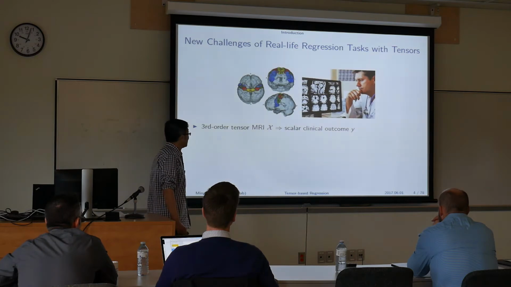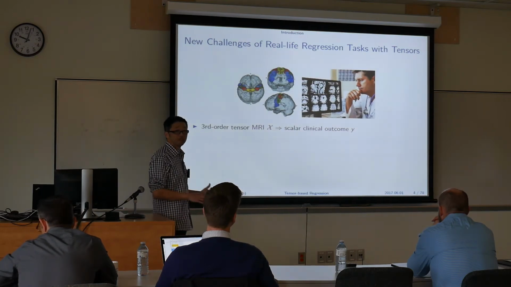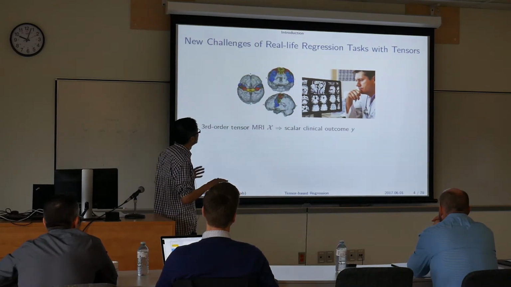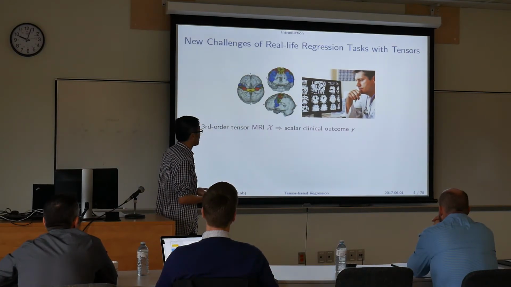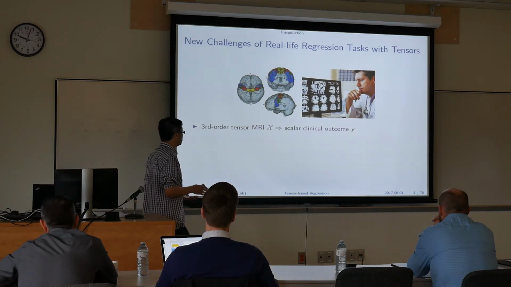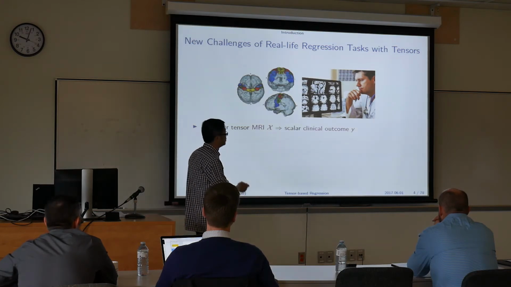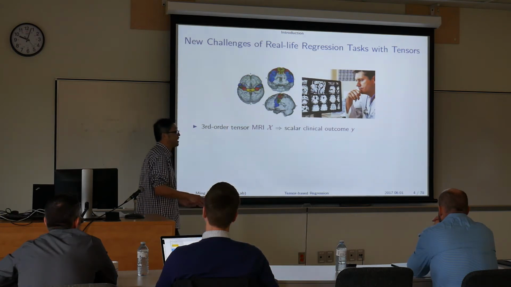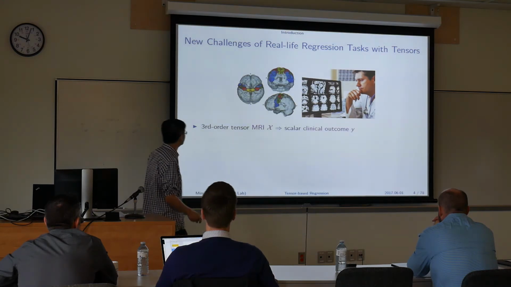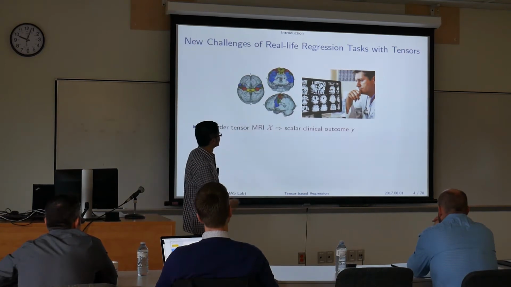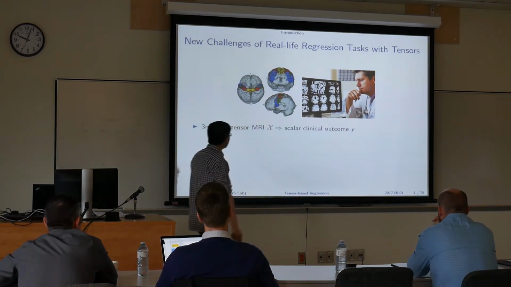However, these classical regression approaches have confronted great challenges posed by real-life regression tasks, whose input-output takes the form of high-order tensors. Typical examples include using brain images to diagnose neurodegenerative disease or to identify the brain regions that are associated with the clinical results, by treating the third-order tensor MRI as the predictor and the scalar clinical outcome as the response.